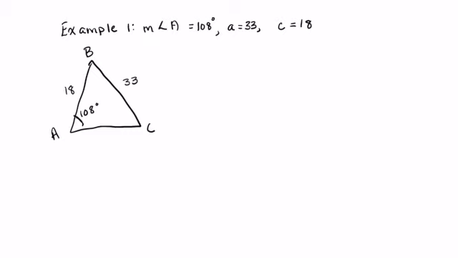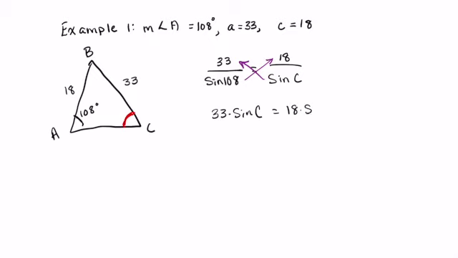So what I want to do is use my law of sines to solve for angle C. I'm going to say 33 over the sine of 108 equals 18 over the sine of C. Then we just cross multiply, and that gives us 33 times the sine of C equals 18 times the sine of 108.